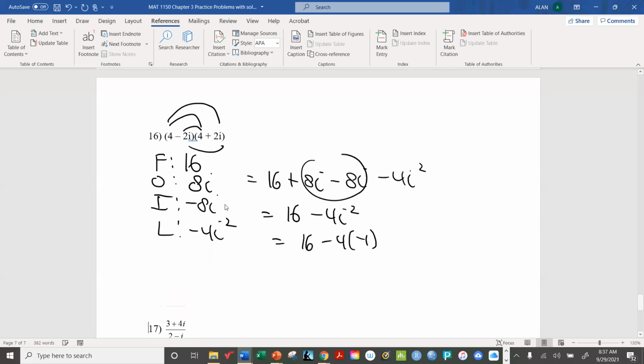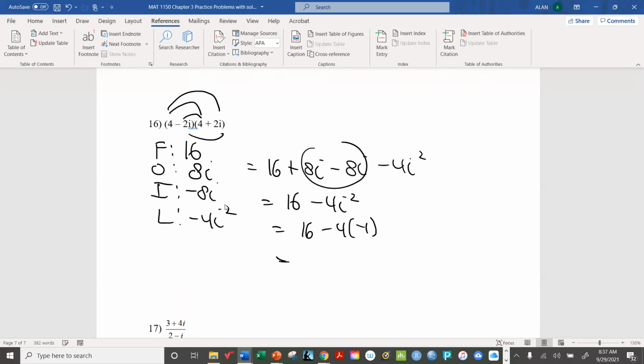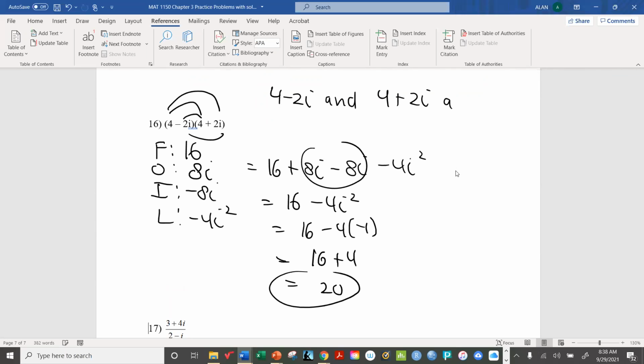Okay, and let's see, that leaves us with 16 plus 4. And as we predicted, it's just a single constant. It's a real number, 20. And again, that's because these are complex conjugates of each other. So this is guaranteed to happen.